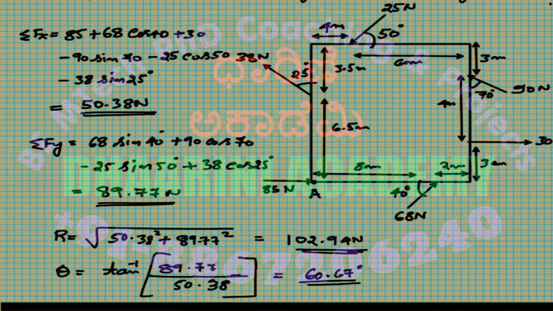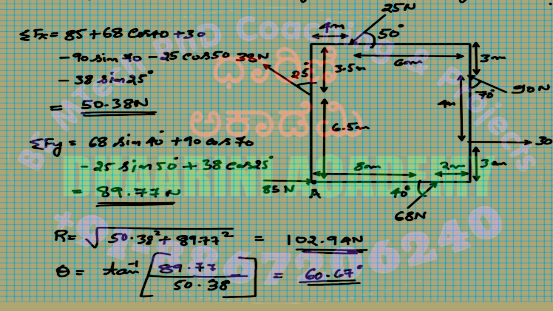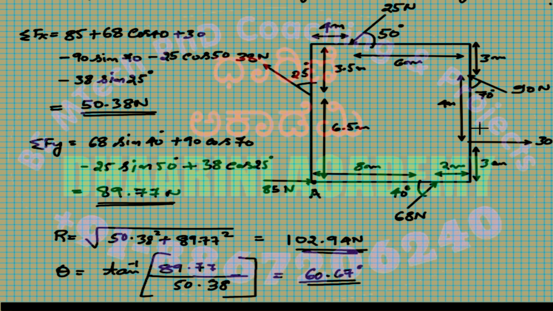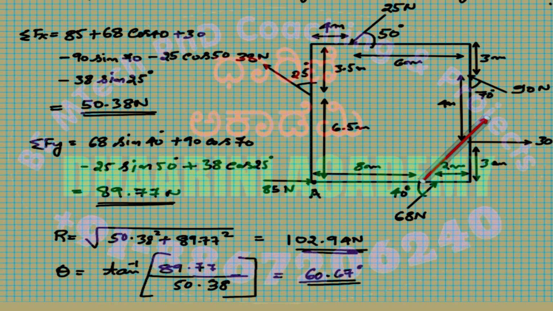So now the problem with this answer so far is that if I don't find the remaining part of my answer, you cannot specify which is the exact force, right? R and theta are known. If it is 100 Newton, 60 degrees, that particular force can be anywhere, right? Something like, maybe this may be the answer, making 60 degrees, 102 Newton, right? Maybe the answer could be something else, right?